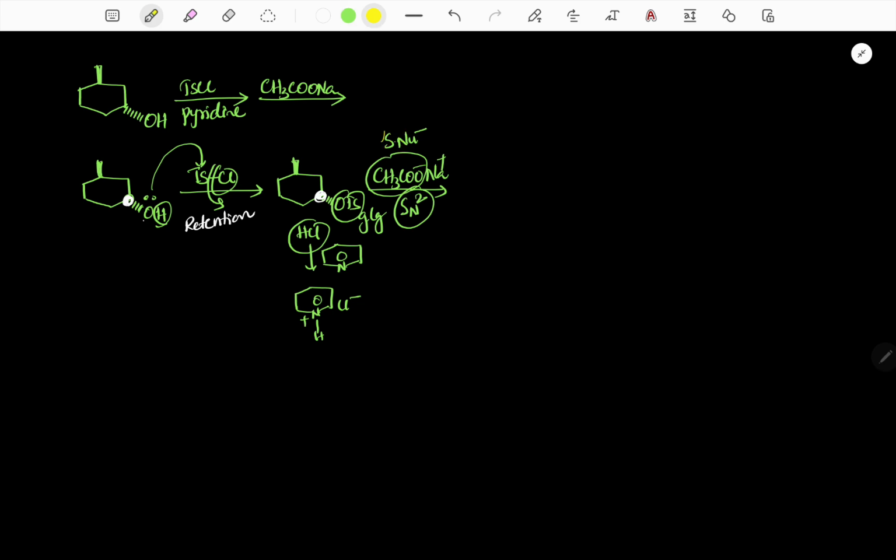Therefore here the strong nucleophile CH3COO- attacks from above the plane, the leaving group will leave. Therefore the final compound has methyl above the plane, and here OTs is below the plane. Therefore the nucleophile OCOCH3 is above the plane. So it is our final product.